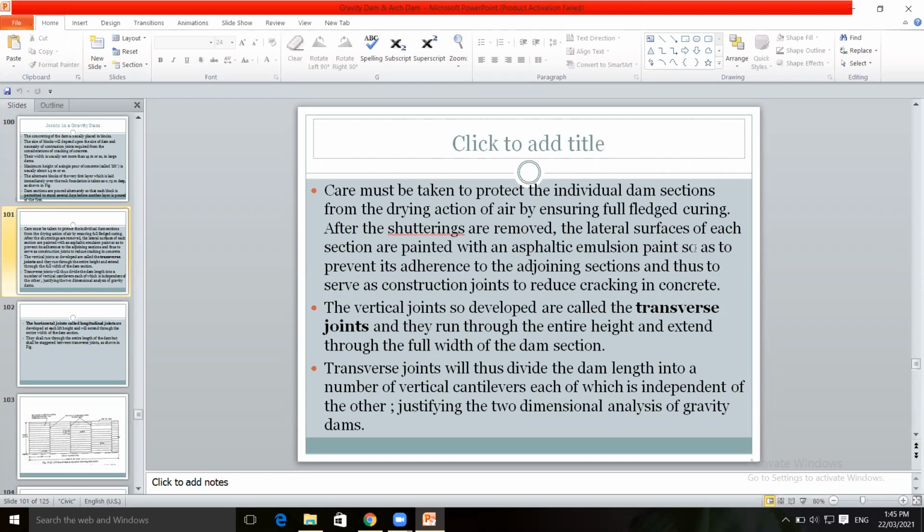So to avoid cracking in the concrete, these construction joints are provided, because due to changes in temperature there may be cracking of the concrete. By providing these construction joints, cracking in the concrete may be reduced.